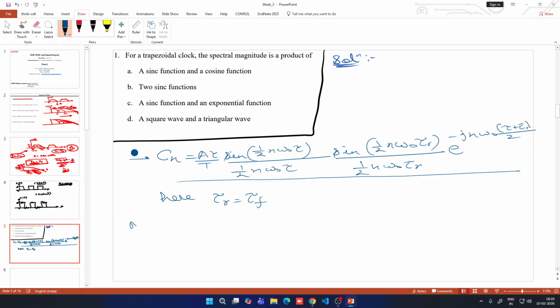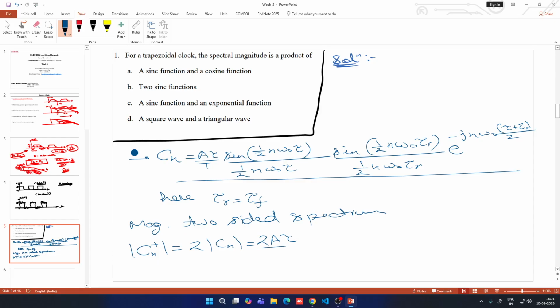So if we write just the magnitude for a two-sided spectrum, that means we are writing the spectrum magnitude for Cn plus, which is nothing but 2 times the magnitude of Cn, and it's equal to 2A tau by T sin x by x.